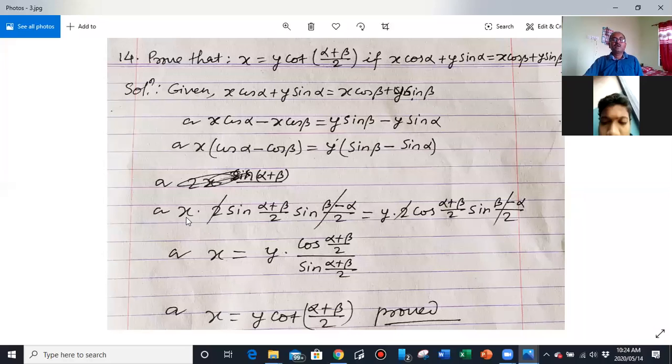What is left? x sin alpha plus beta by 2 equal to y cos alpha plus beta by 2. Keep x here, send this factor to the right side. x equal to y, cos alpha plus beta by 2 upon sin alpha plus beta by 2.